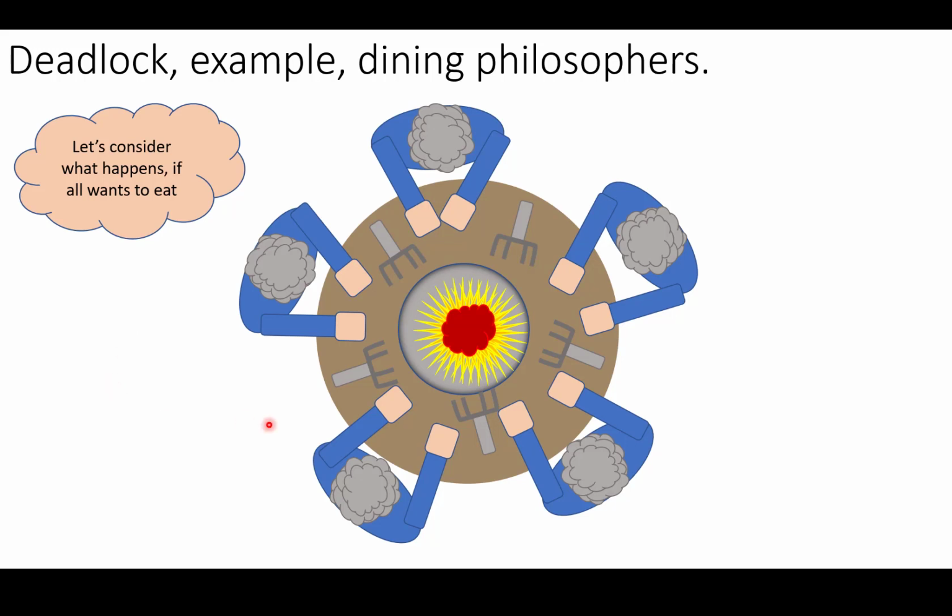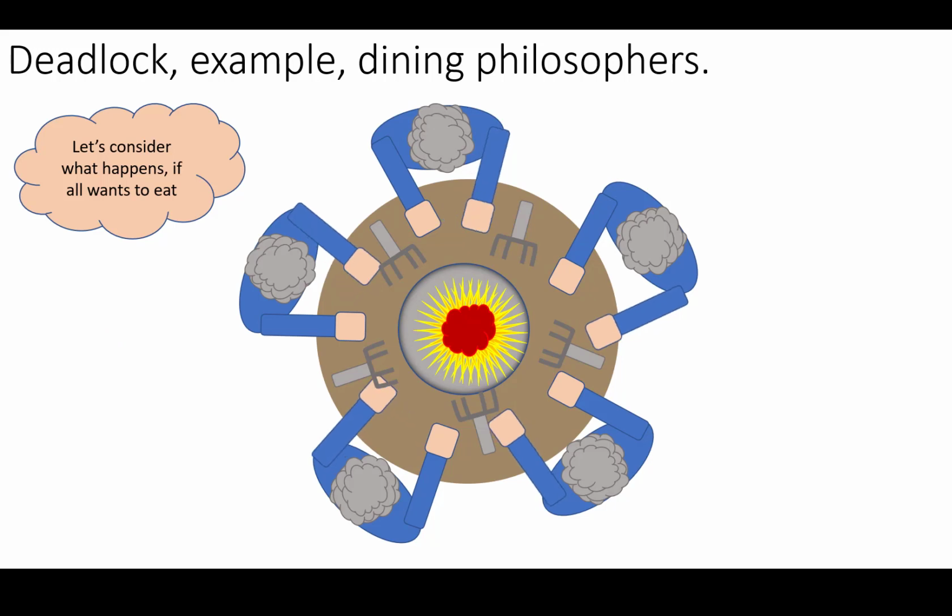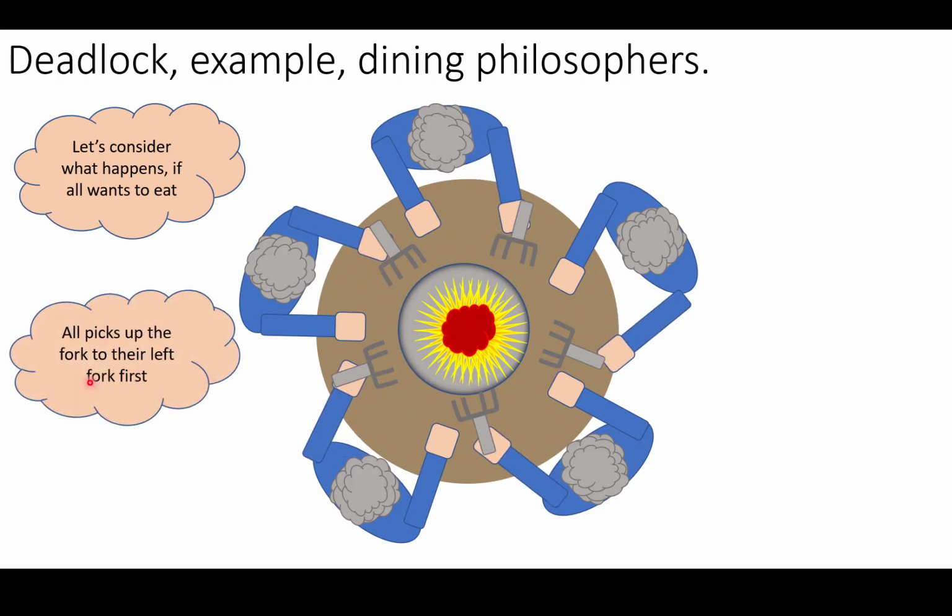That's the idea, that they are eating and they are thinking, and they have to have 2 forks to eat. But what happens if they all want to eat at the same time? They all reach out for their left fork, and they must now all pick up a right fork to continue, or at least wait until a right fork is available.